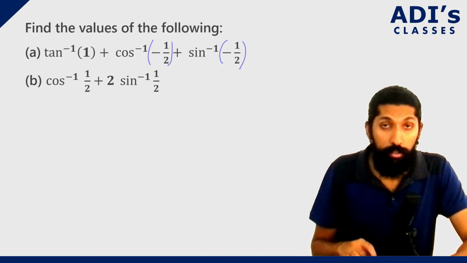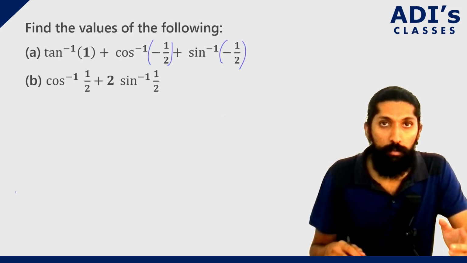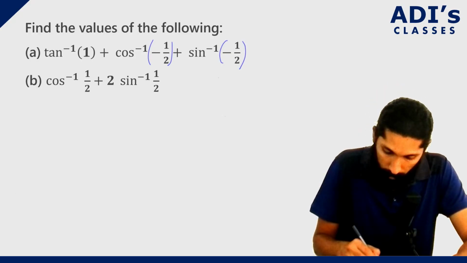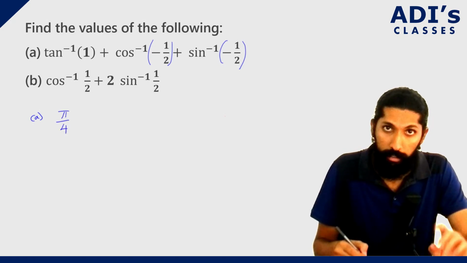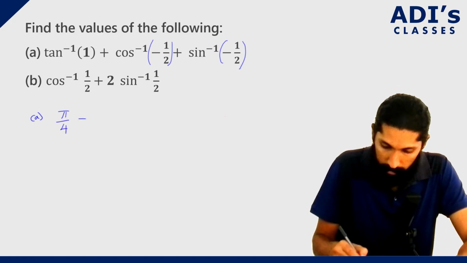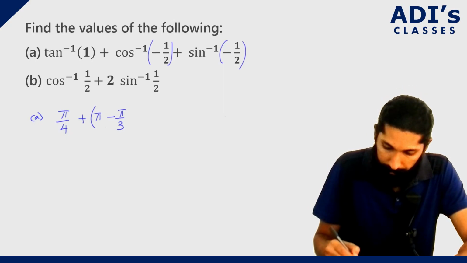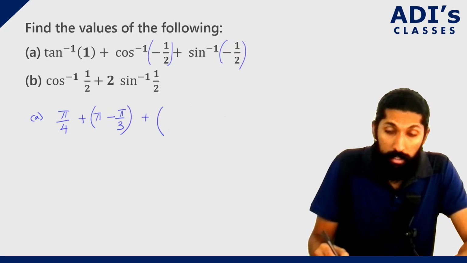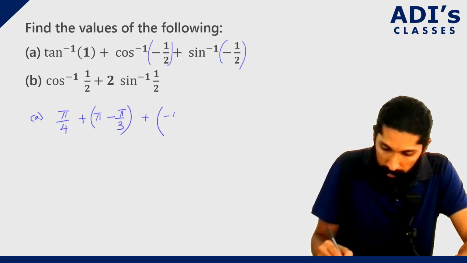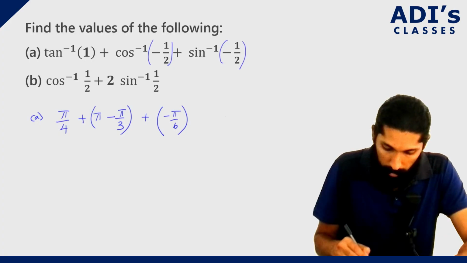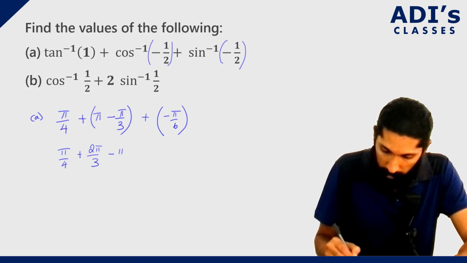So first is tan inverse of 1, which for A is going to be pi by 4, correct? 45 degrees, plus cos inverse of minus half, which is pi minus pi by 3, plus sine inverse of minus half, which is minus pi by 6. So pi by 4 plus, if you take the LCM, 2 pi by 3 minus pi by 6.